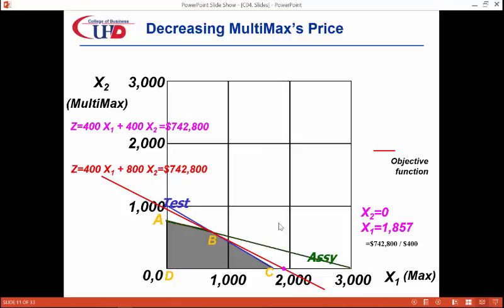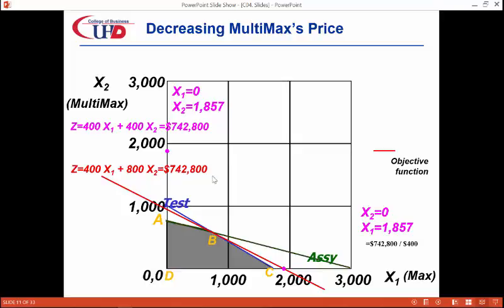Now similarly, we can get the other intercept. The other intercept means producing only Multimax to get this target profit. Since the Multimax profit margin is halved, you can expect the quantity is doubled. So this is the intercept.